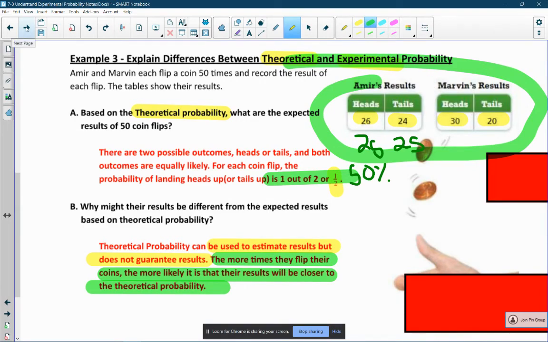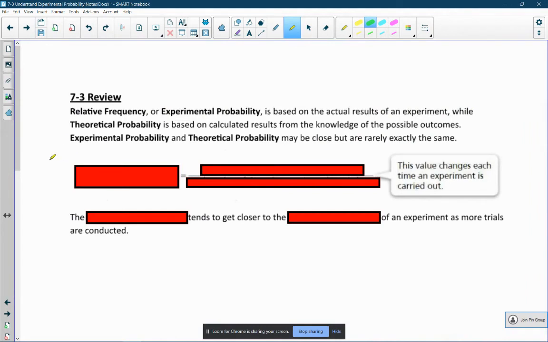Okay, let's go look at the next page. A little review here. The relative frequency, which can also be called the experimental probability, is based on actual results. That's important. I'm going to highlight that again and again.